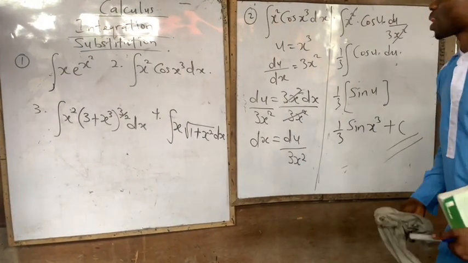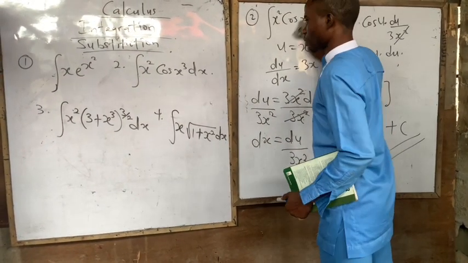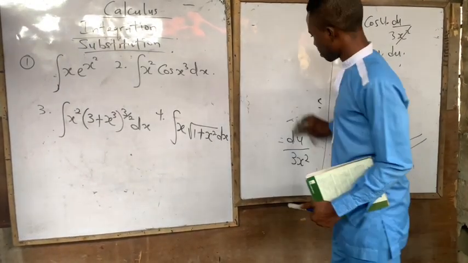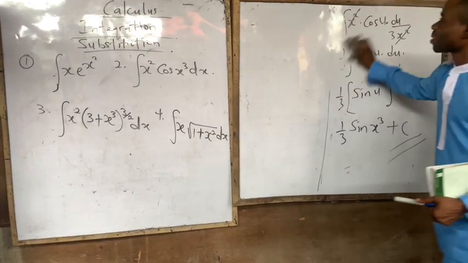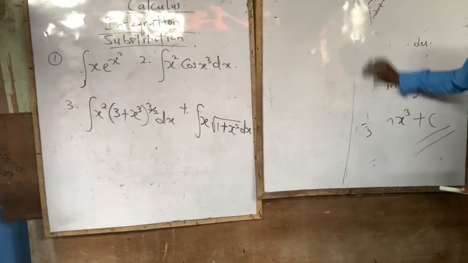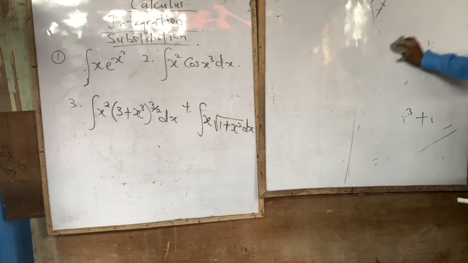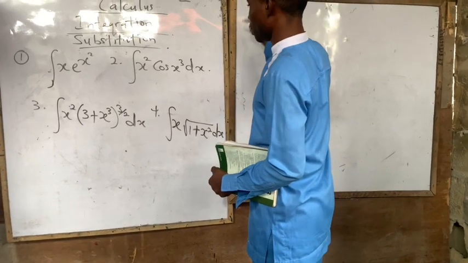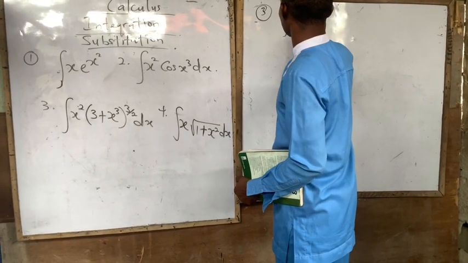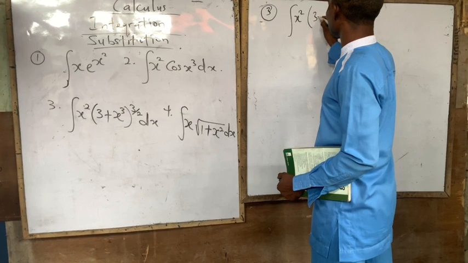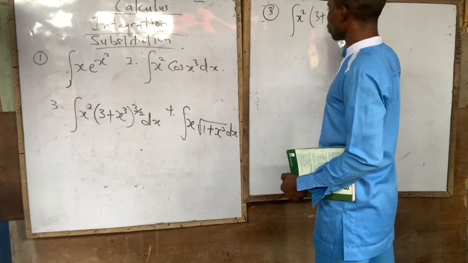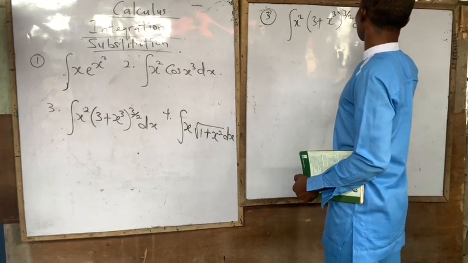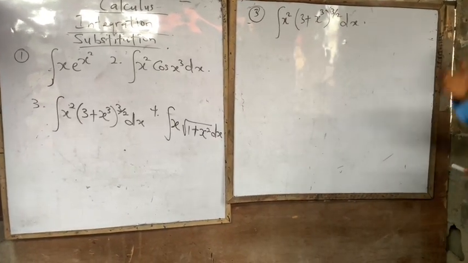Now let's go to number 3. For number 3, we are having the integral of x squared, open bracket 3 plus x cubed, dx. Now, how do we solve this?